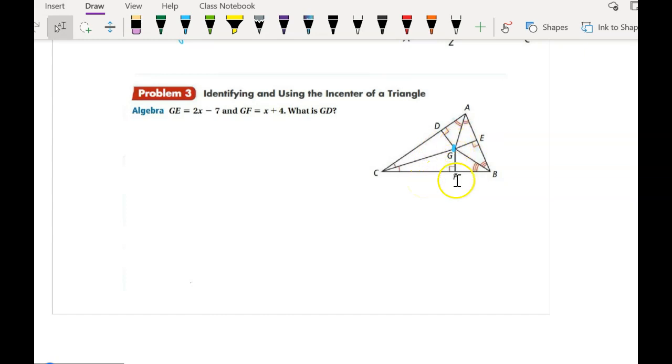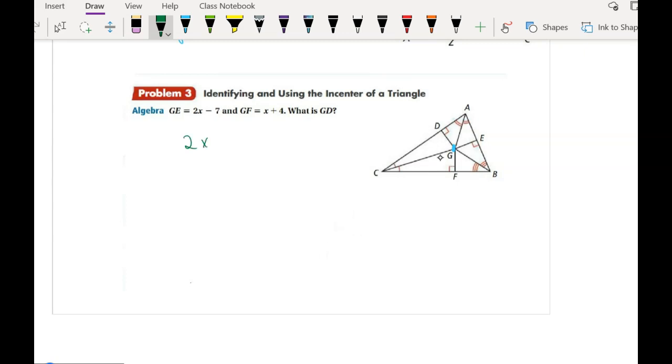What do I know about these 2 sections? Oh, well those are perpendicular from the point of concurrency of the angle bisectors. So I know that these are equal. So I can use that information to solve and find out what x is, and also find out the length.